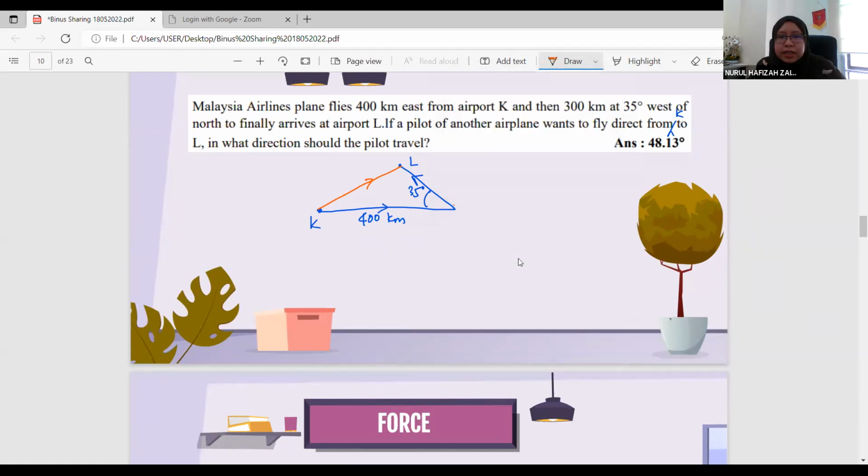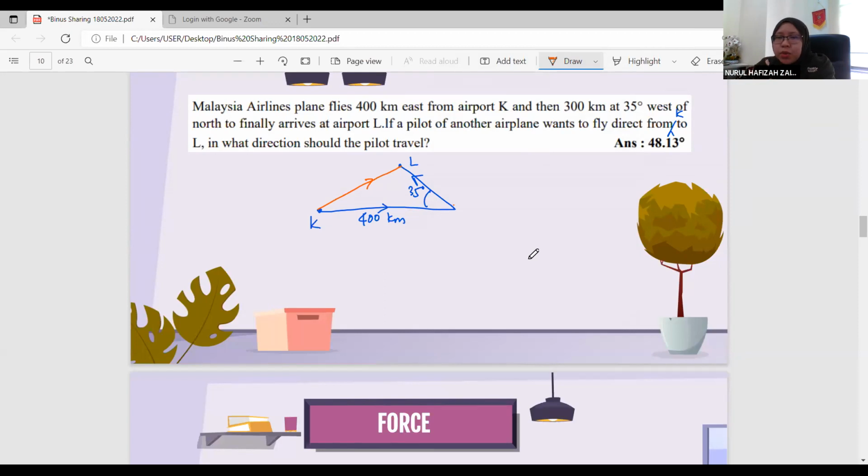And then the second airplane wants to fly direct from K to L. If we didn't draw the figure, we just read the question, it seems like a normal question, right? It's just a normal question that can be asked.